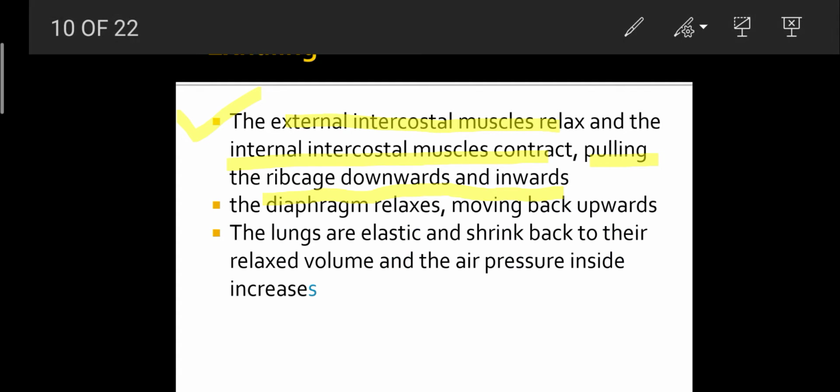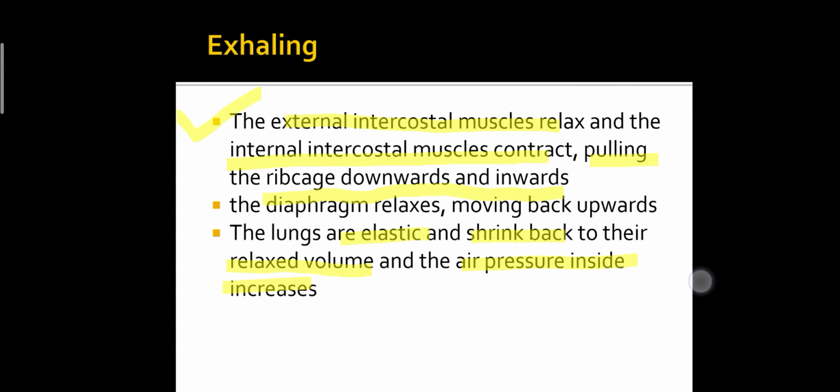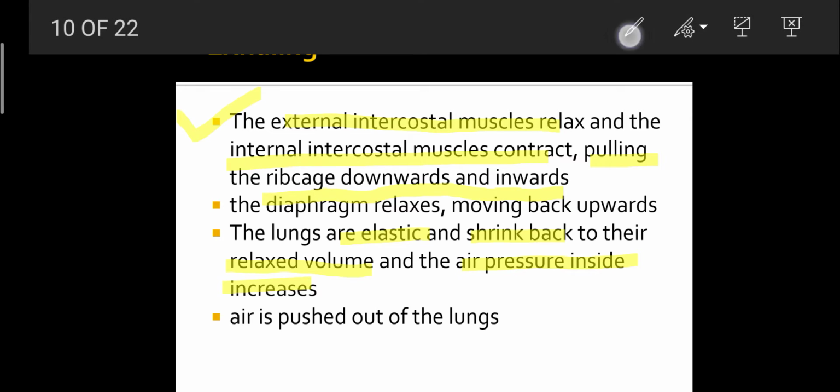The lungs are elastic and shrink back to their relaxed volume and the air pressure inside increases. So the air is pushed out of the lungs. This is the whole phenomenon of exhaling.